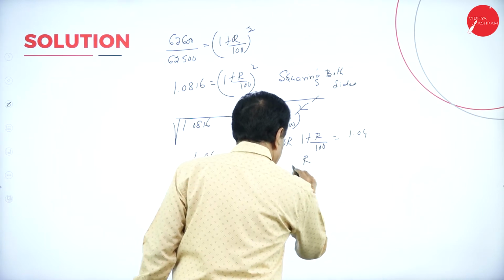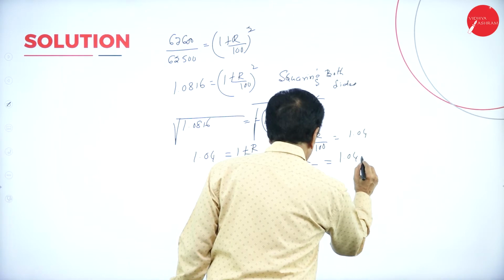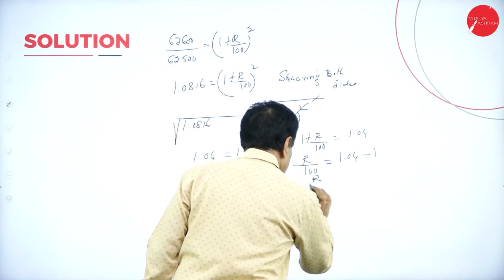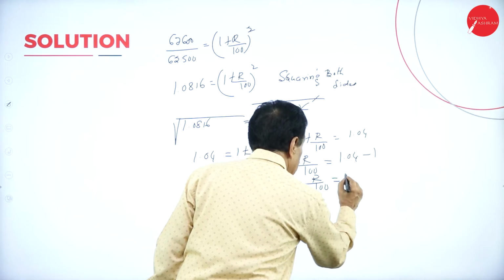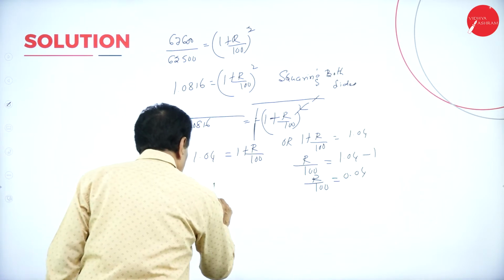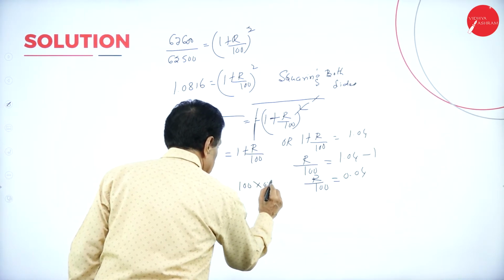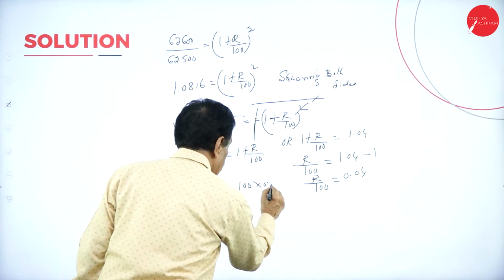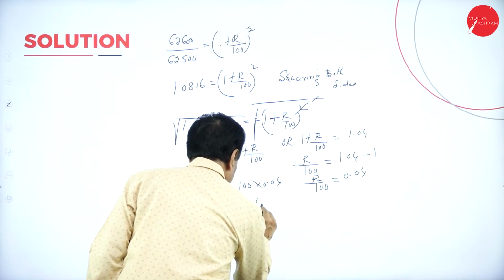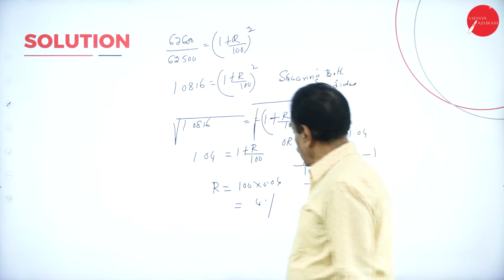R divided by 100 is 1.04 minus 1, which is 0.04. Cross multiply: R is equal to 100 into 0.04, and it works out to 4%.